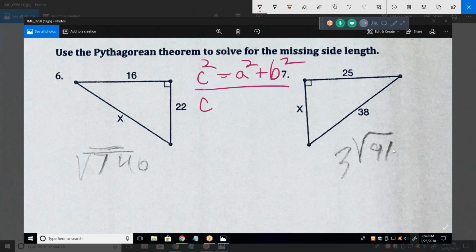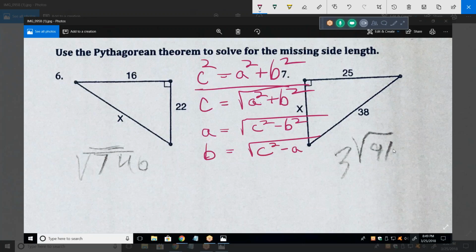C is equal to that. And any of the short sides, whether it's A or B, is equal to the hypotenuse squared minus the other short side squared. In other words, B would be equal to C squared minus A squared. So really what I would like you to remember are those two. When you are solving for the hypotenuse, it's the square root of the sum of the other two sides squared.